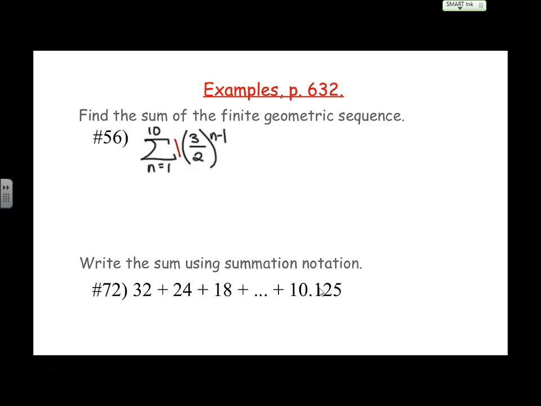Or if that's a little hard for you guys, couldn't you have also plugged in when n is 1, you get 3 halves to the 0? Plus when n is 2, you get 3 halves to the 1. What's the first term? Anything to the 0 power is 1. So you could look at the actual sequence when you multiply it out, or you could realize there is an understood 1 in front.